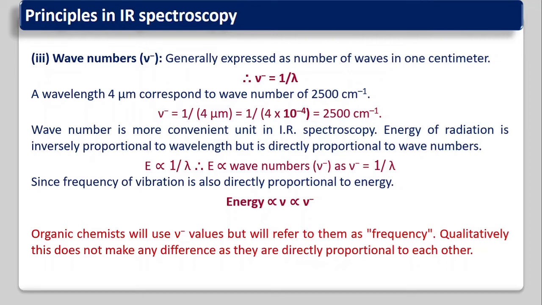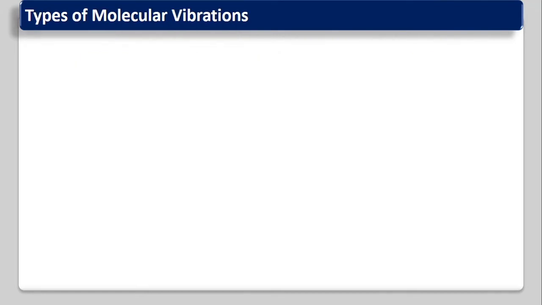So that does not make any difference. So in IR spectroscopy, the main unit is centimeter inverse, that is wave number, and that can be called frequency also, no problem. Now we will see what are the types of vibrations.